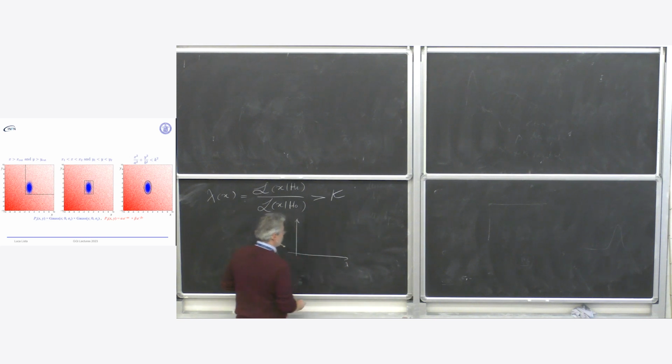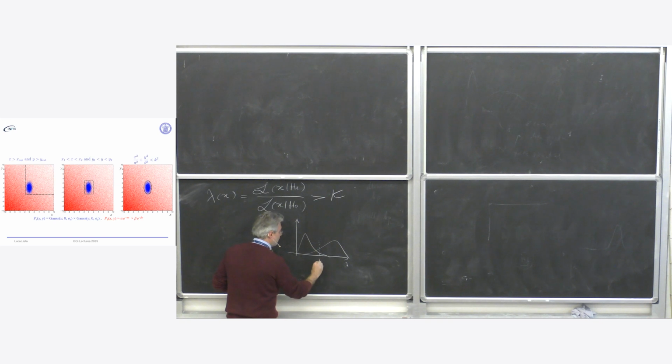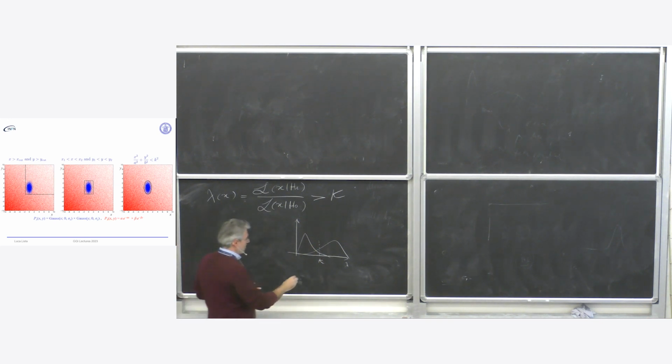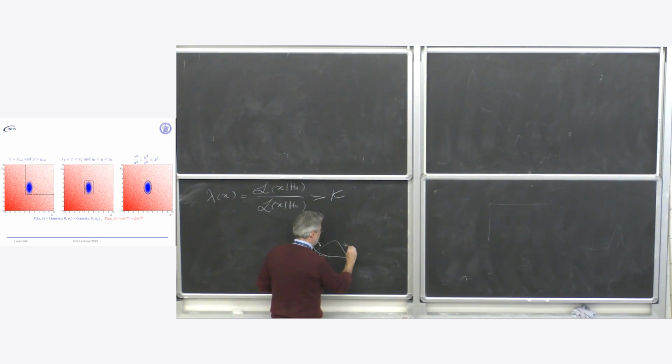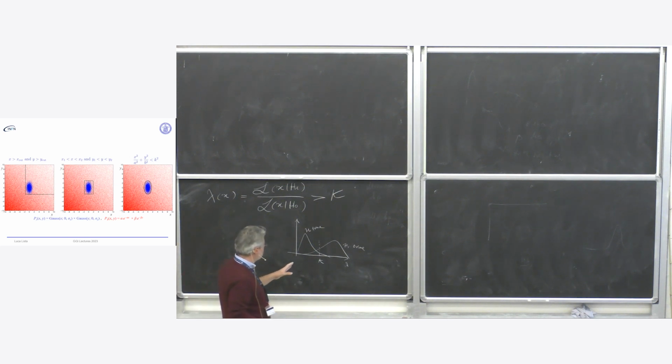So I get the following. If this is lambda, in case H1 is true, I have large values of lambda. In case H0 is true, I expect something like this. And I have to put a cut here. So this is H1 is true, and this is H0 is true. Now, imagine that I want to define the value of alpha.